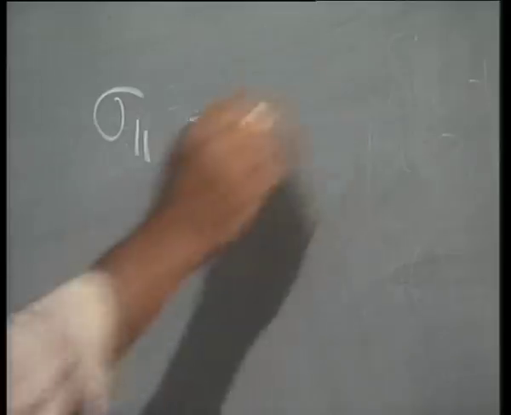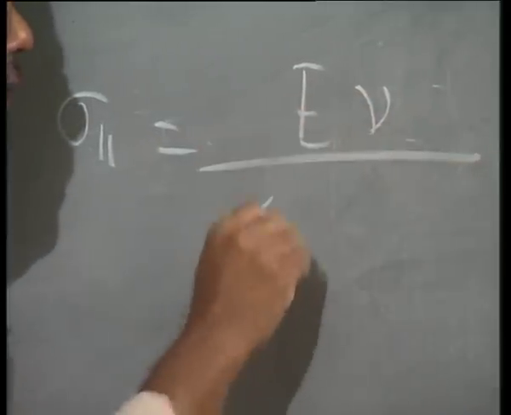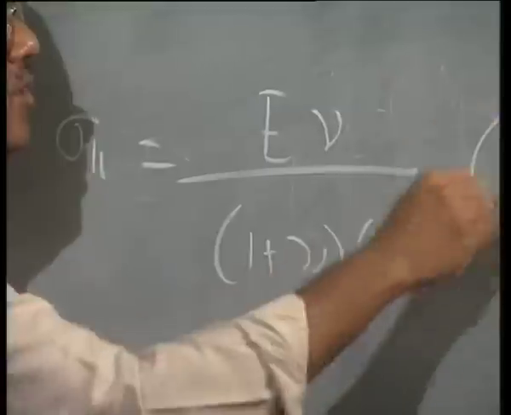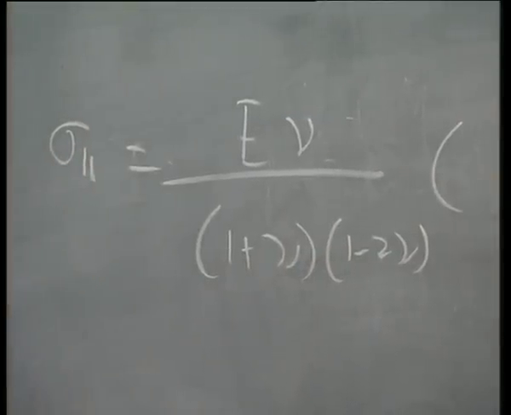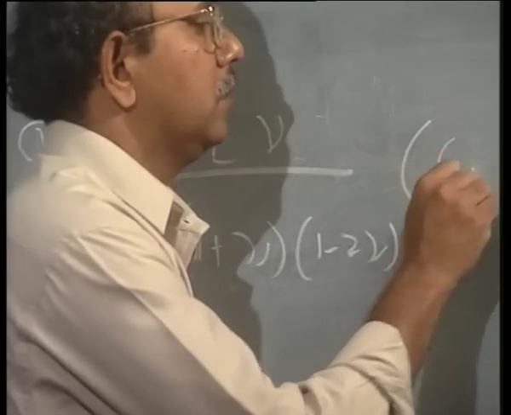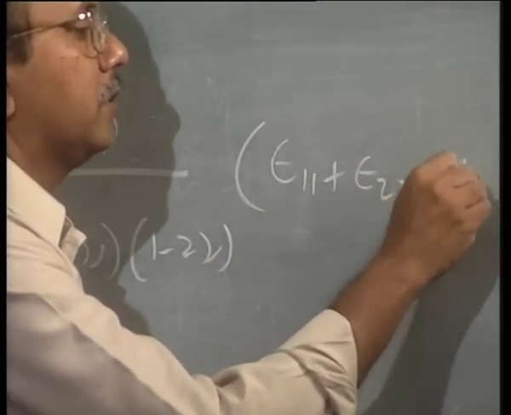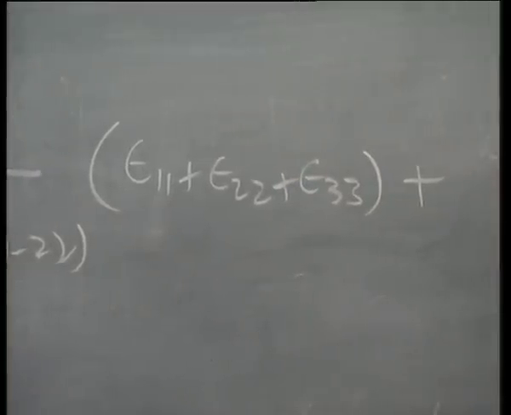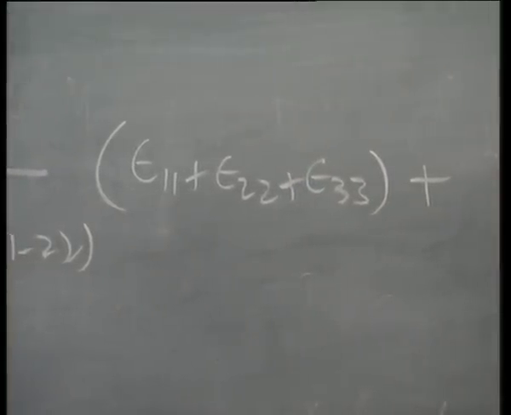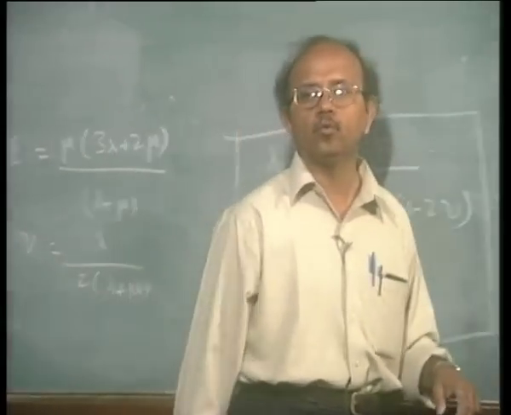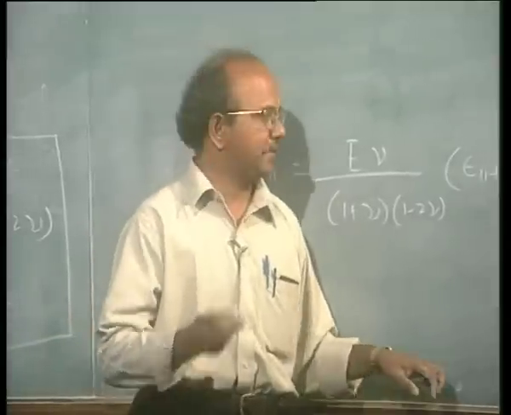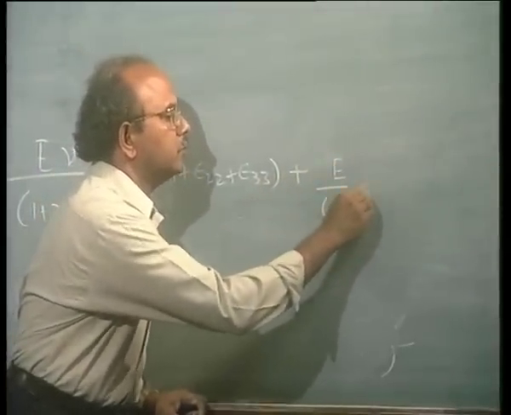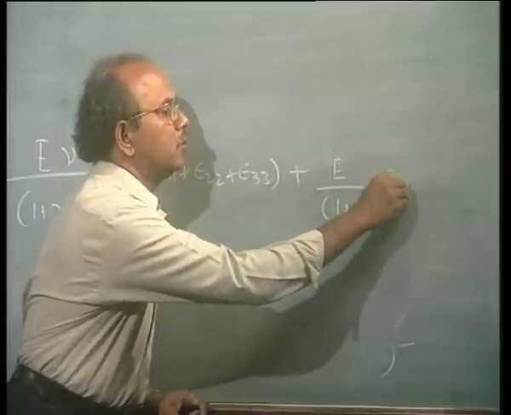E nu divided by 1 plus nu into 1 minus 2 nu into epsilon 11 plus epsilon 22 plus epsilon 33, plus 2 mu, which is E by 1 plus nu, into epsilon 11.